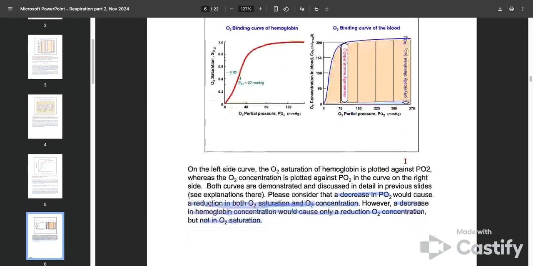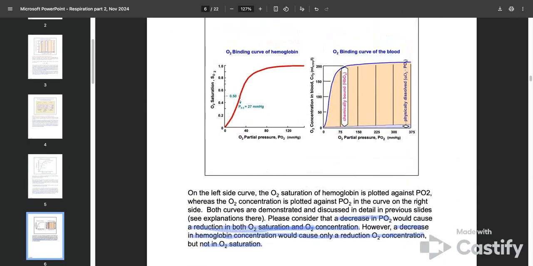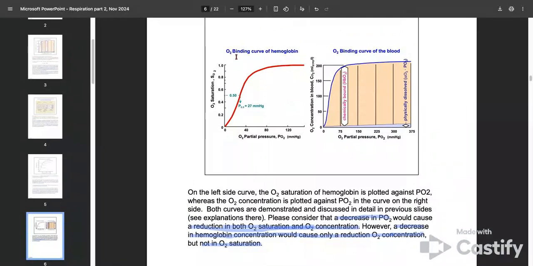Here we have the oxygen binding curve of hemoglobin, the saturation, we've talked about it, and this is the oxygen binding curve of the blood, we've talked about both of them. Just know that a decrease in partial pressure of oxygen would cause a reduction in both oxygen saturation and oxygen concentration.